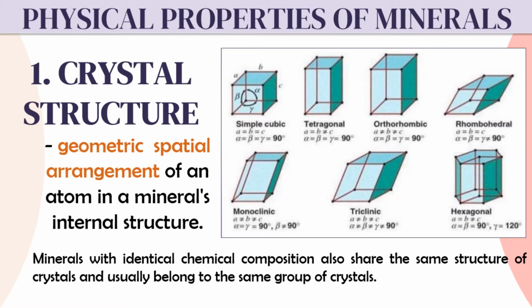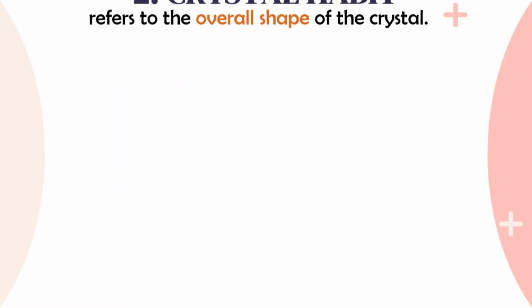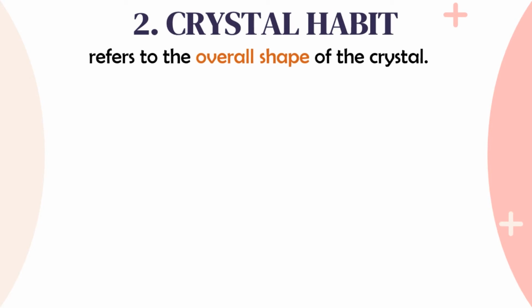The first one we have triclinic, monoclinic, orthorhombic, tetragonal, hexagonal, and isometric structures. Next is crystal habit, which refers to the overall shape of a crystal.